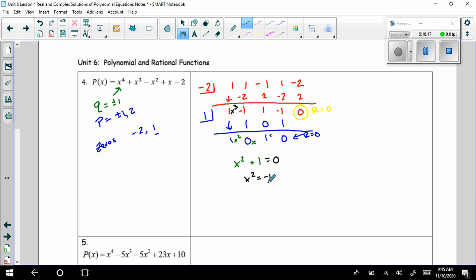So x squared is -1, x is equal to plus or minus i. Okay, so my zeros for this function are the original -2 and 1 that I found, but also i and -i. And so I'm going to take those zeros, my very last step here, and put them into a factorization.